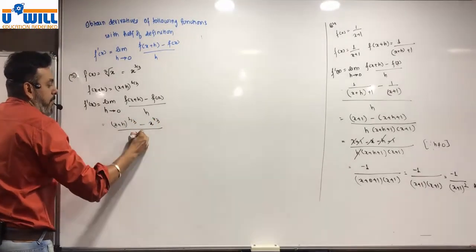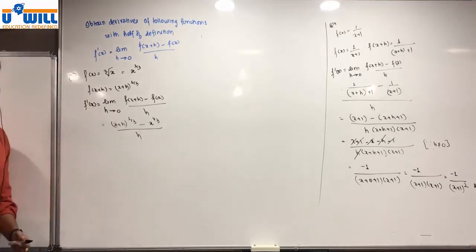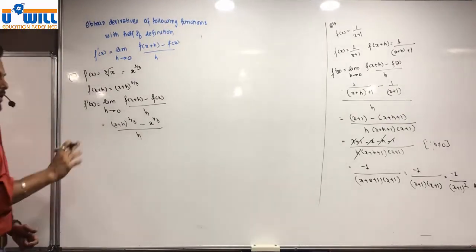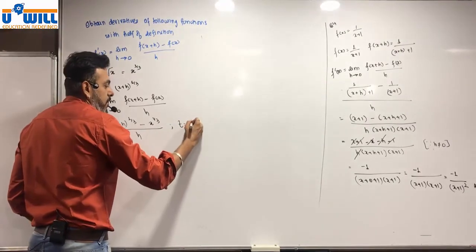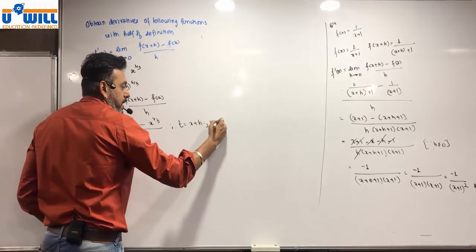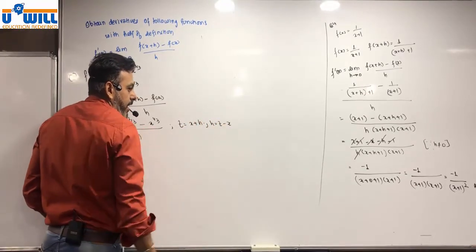जहाँ कोई भी दिमाग नहीं चलता वहाँ हमारा t वाला फॉर्मूला चलता है. Okay, it will help you in adverse situation. t is equal to x plus h, so h is equal to t minus x.